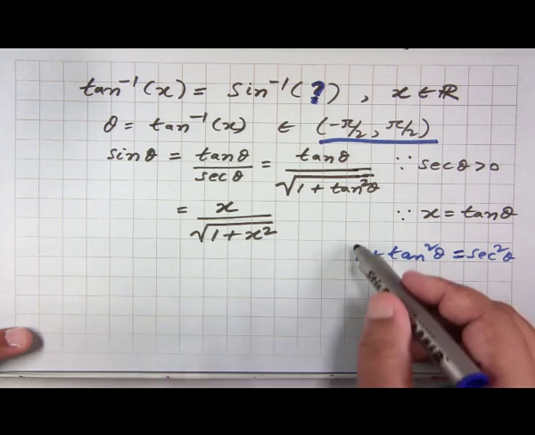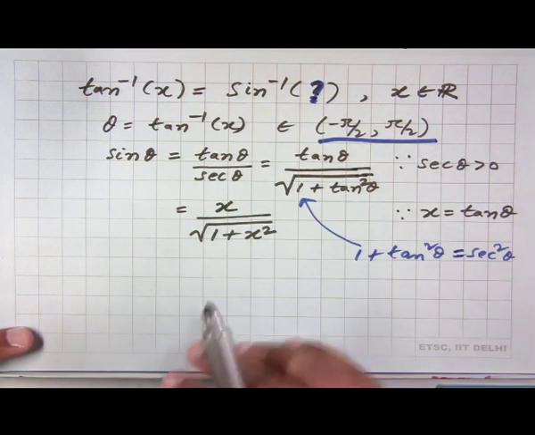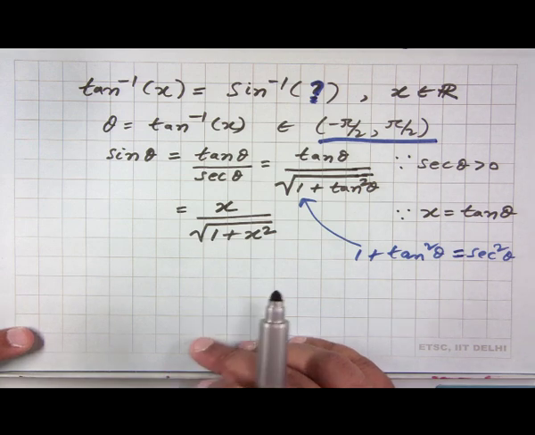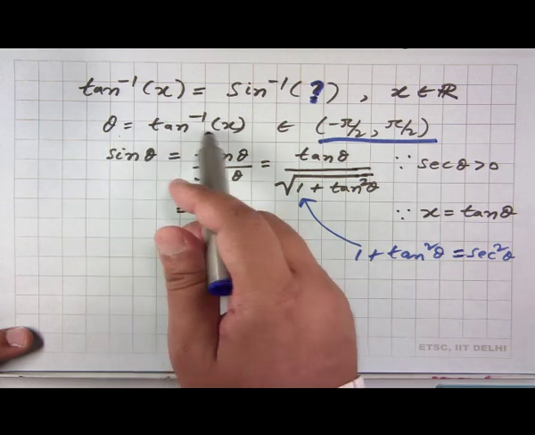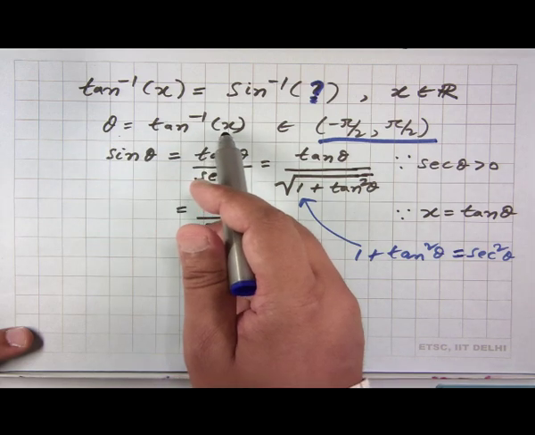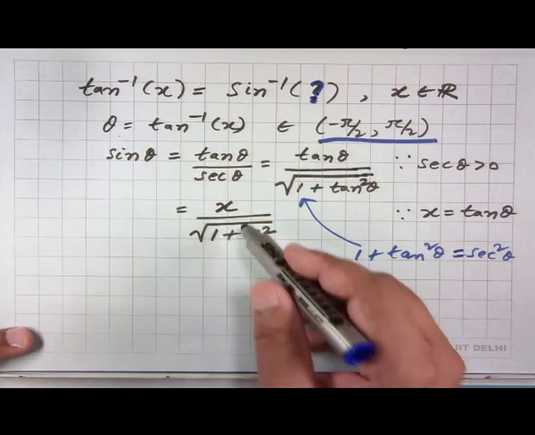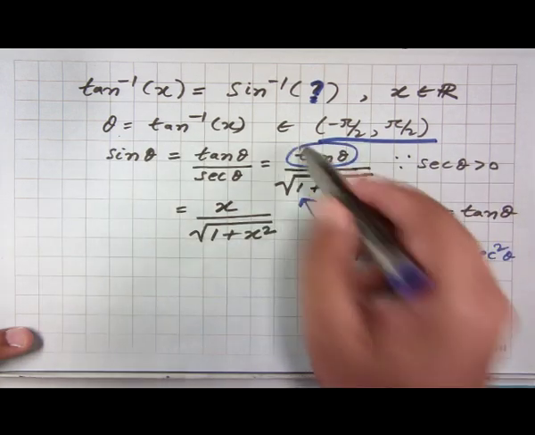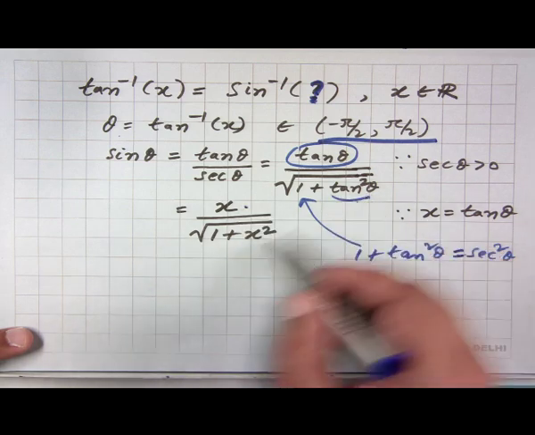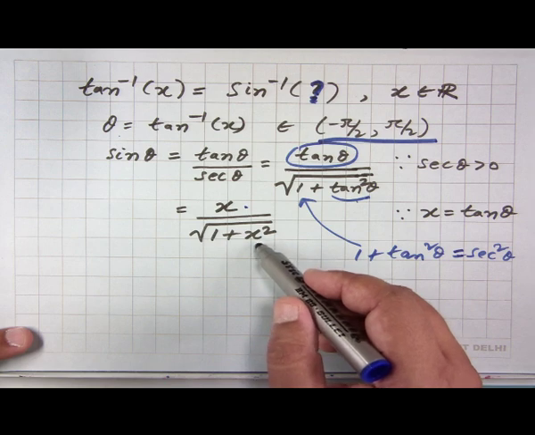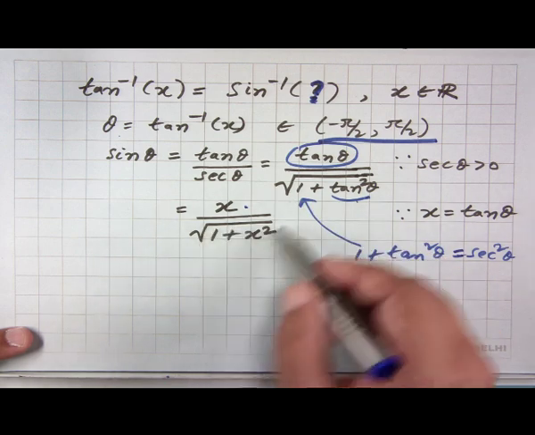So, this is what we have used for this step over here. So, then we can write, since theta is defined like this, it is obvious that x is actually equal to tan theta. So, we replace this tan theta by x here, and then tan square theta will get replaced by x square obviously.